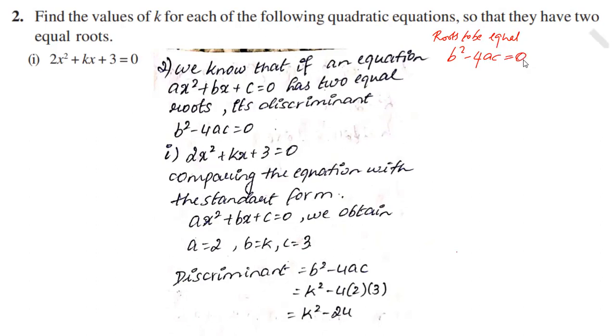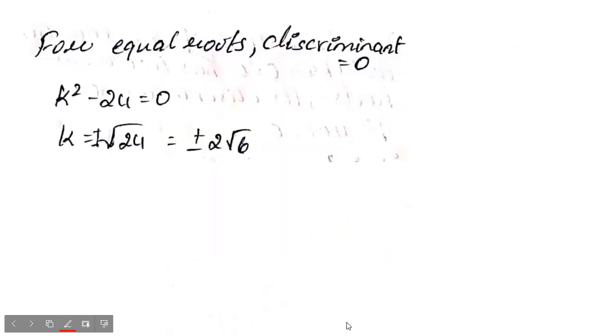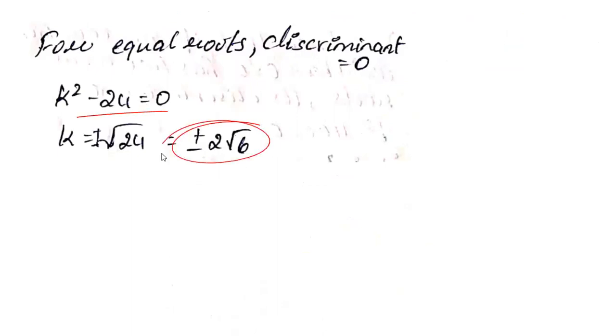So compare this equation with the standard form. This is the equation which is actually given. We get A, B, and C. Discriminant, you get this. Equate the discriminant to 0. You get this. So this is the value of k.